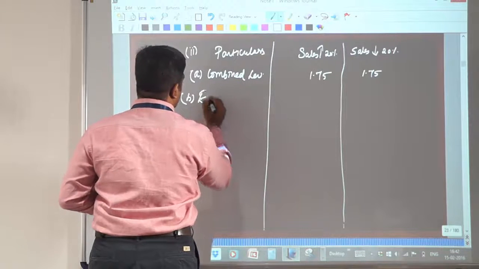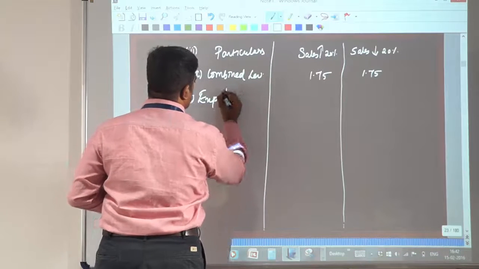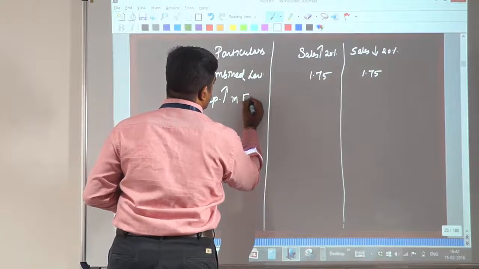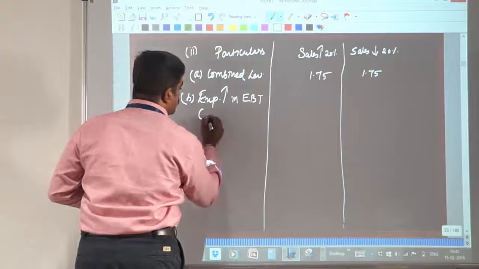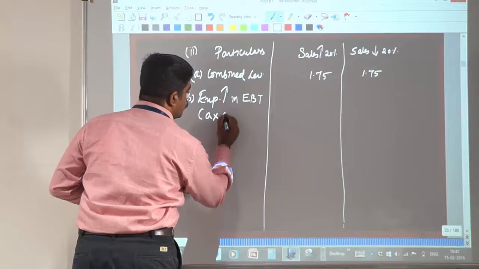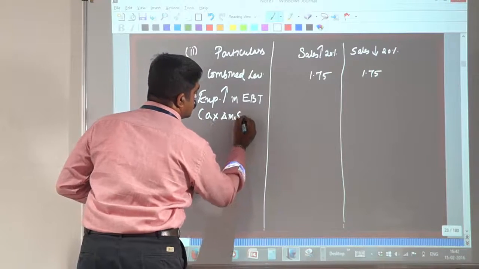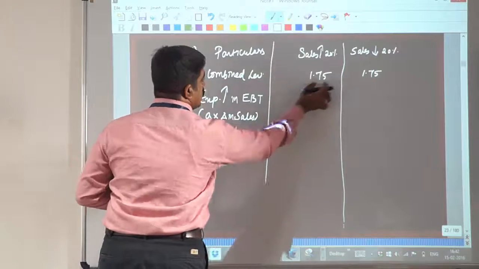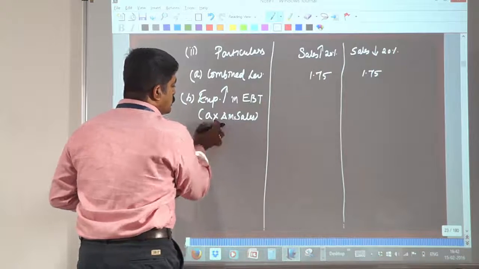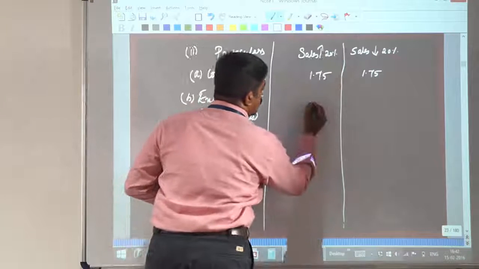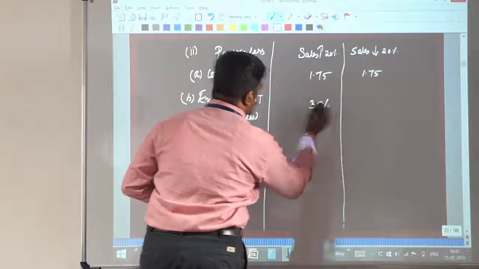Let me write that here. Expected increase in EBT, and that is nothing but item number A into movement in sales. What is item number A? 1.75. What is the movement in sales? 20%. So 1.75 into 20% is going to be 35%.